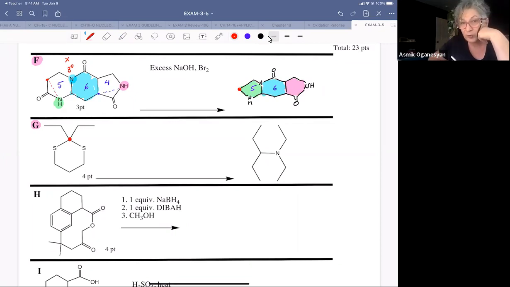It's already fully functionalized with 2 ethyl groups. In the product, my diethyne group is gone. And instead, I have an amino group added to it.